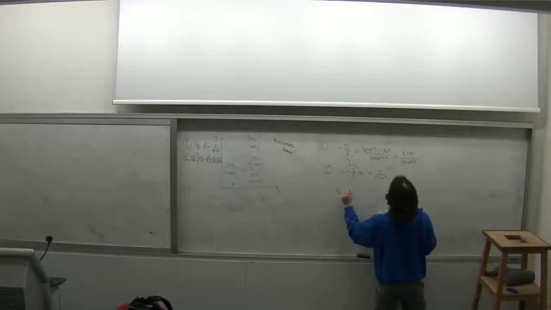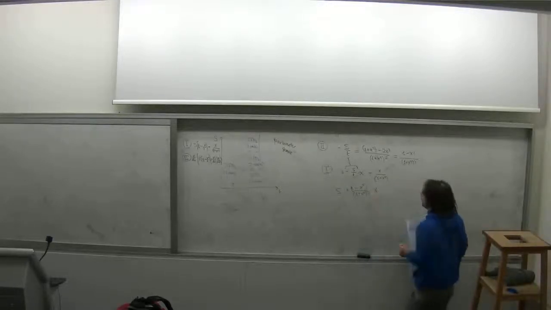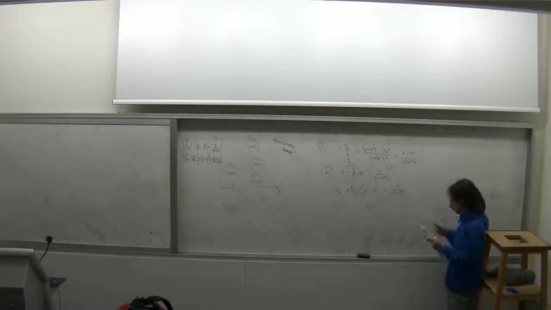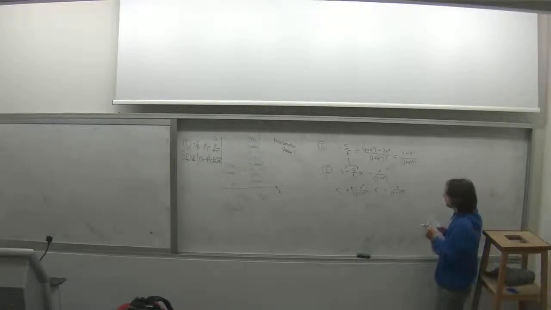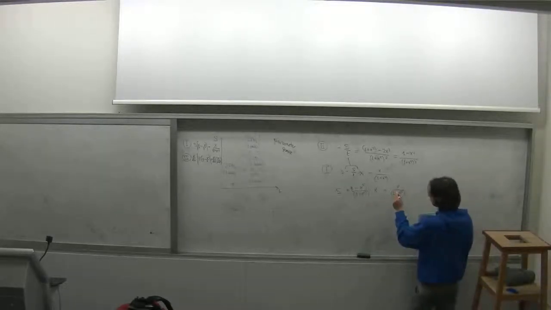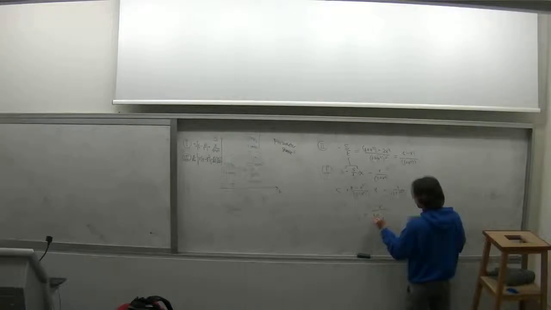So s plus 1 minus x squared times x. This is a common factor. So s equals x over 1 plus x squared.